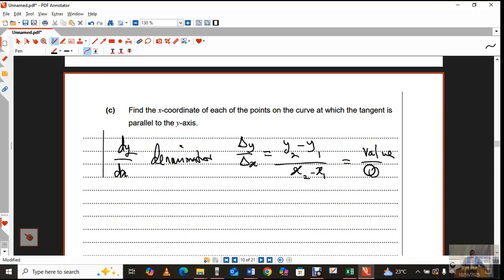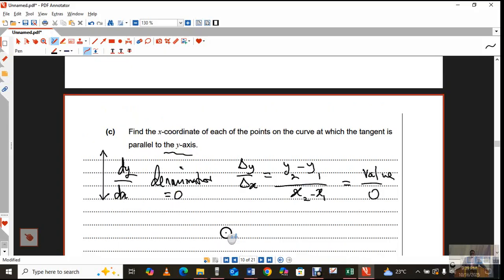This is undefined, and this type of line, vertical lines, are undefined. So in order for me to do this, I'm going to take the denominator of dy dx and let the denominator equal 0.